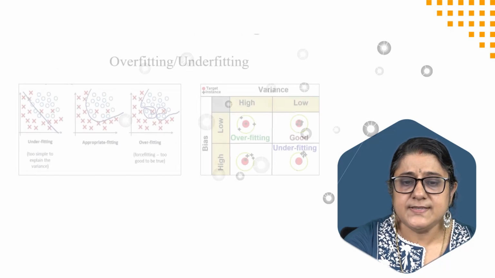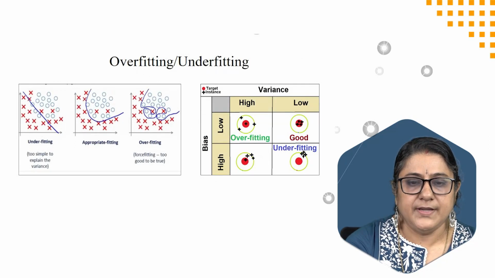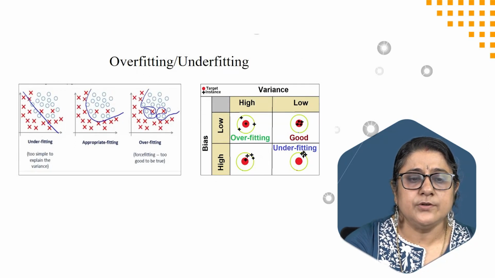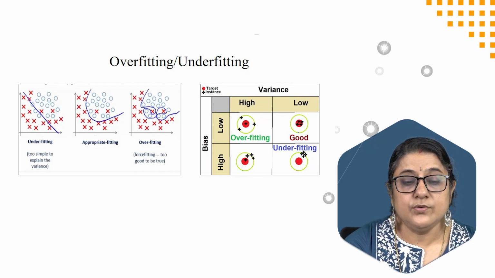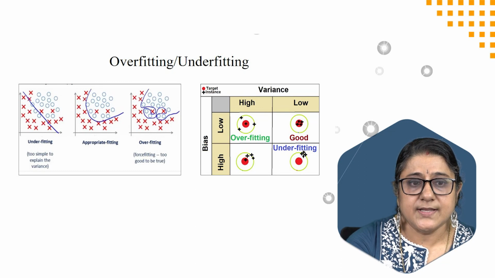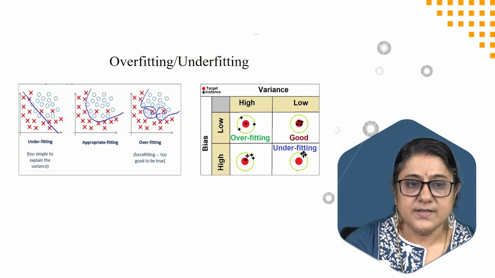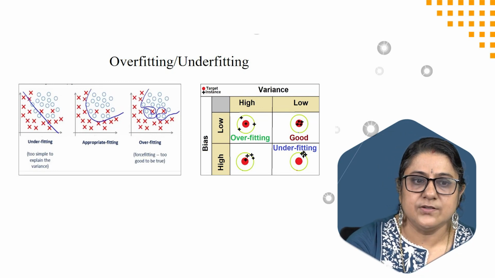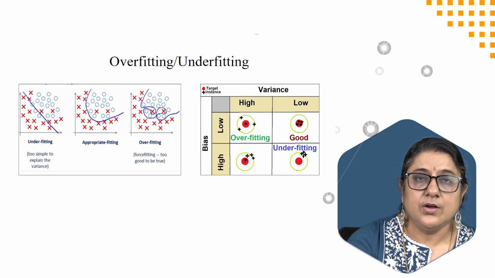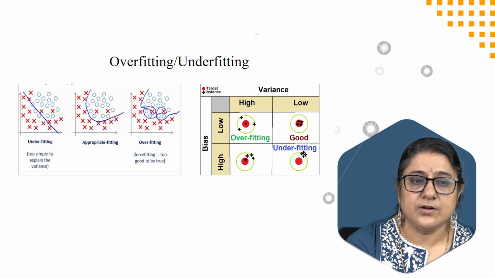This is a visualization of underfitting and overfitting. If you see, this is too simple to explain the variance. This line is not able to segregate the crosses and the circles properly. Some of the crosses are considered to be part of the circle. So this is not a correct representation; the model has not learned properly.